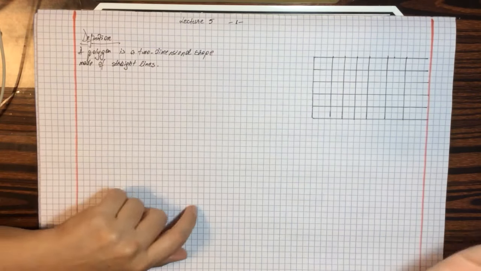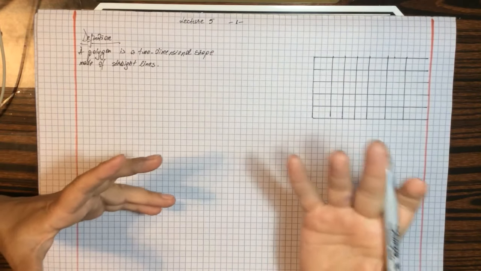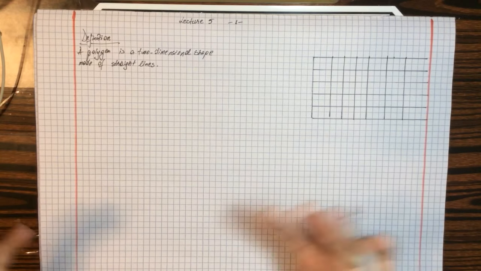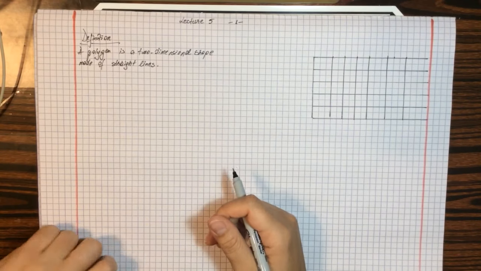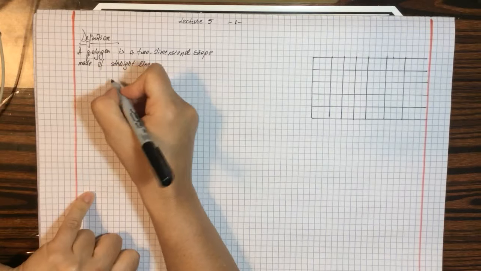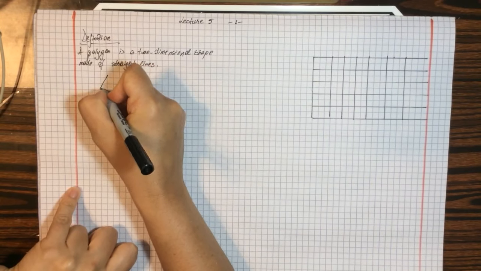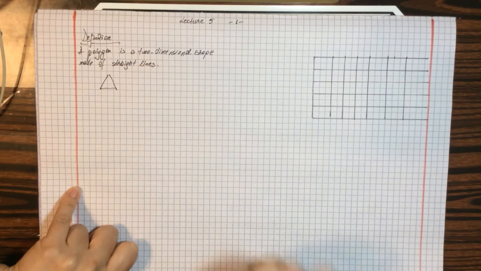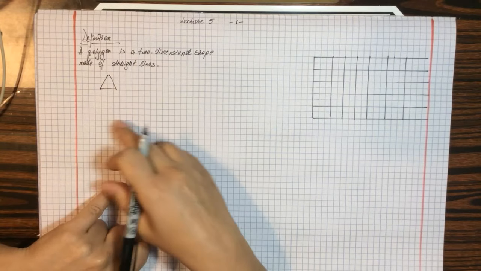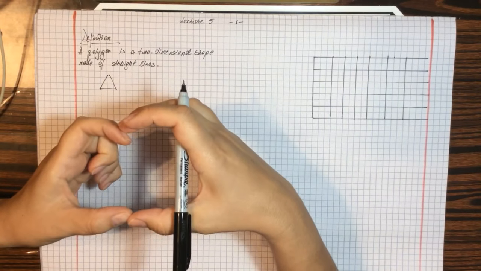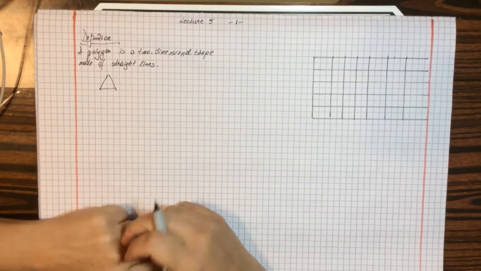So what would be the smallest example that we know? That would be actually what? A triangle. You need at least 3 straight lines to enclose a shape in a two-dimensional space.